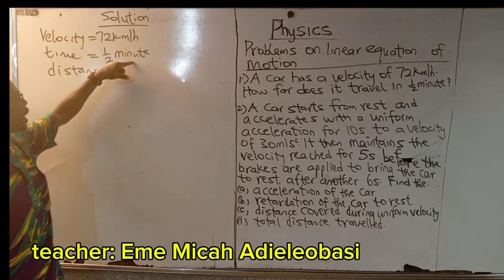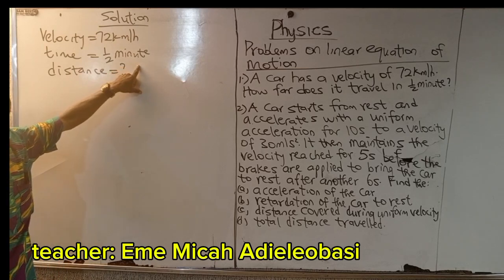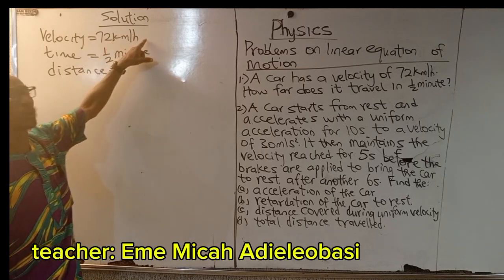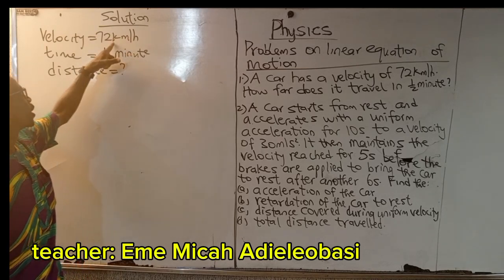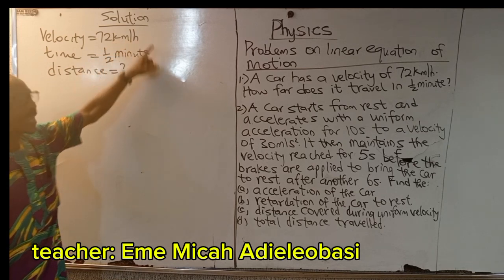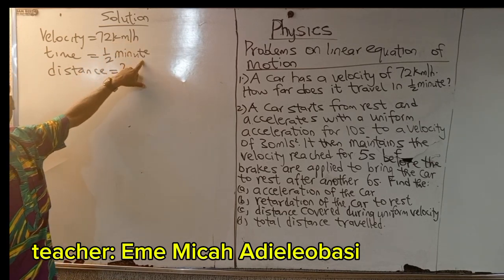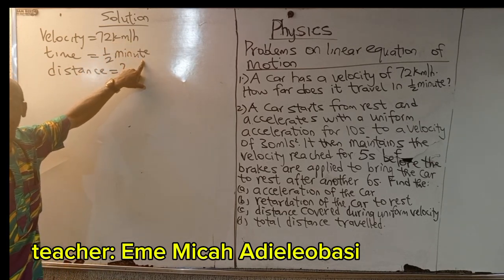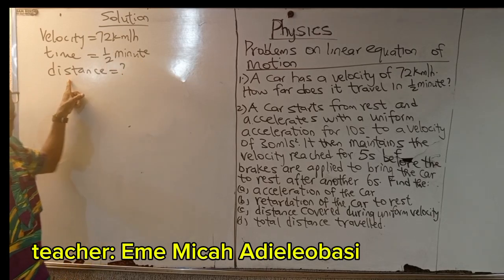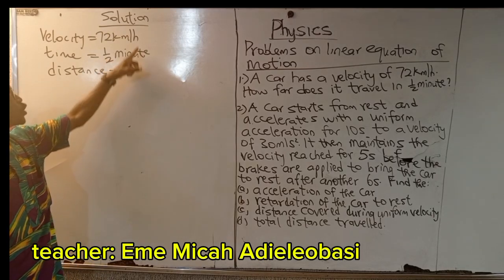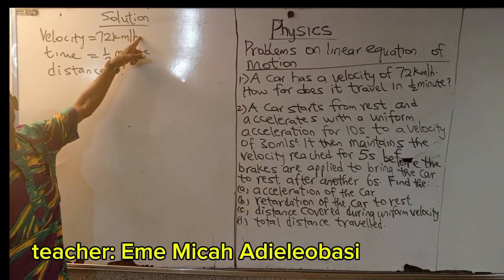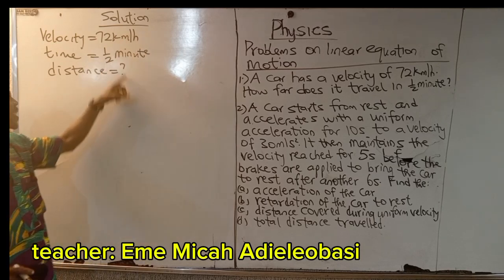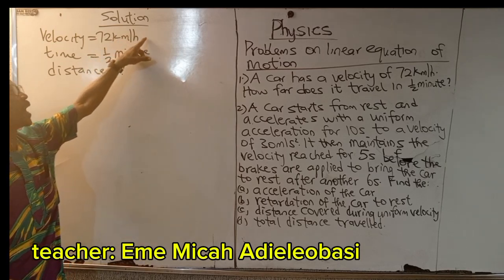We cannot use them together. It's either we change all of them to the standard, which is meter per second, and change this one also to seconds, or better still, we can change these minutes to hours, so that we can express our distance in kilometers per hour.